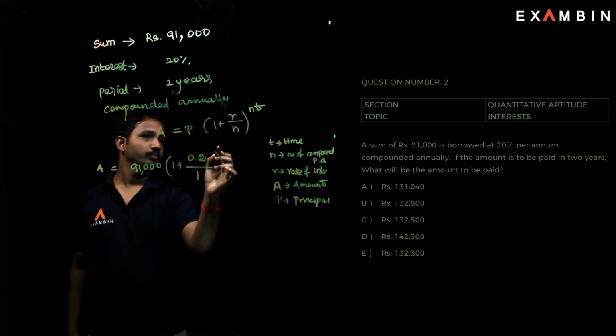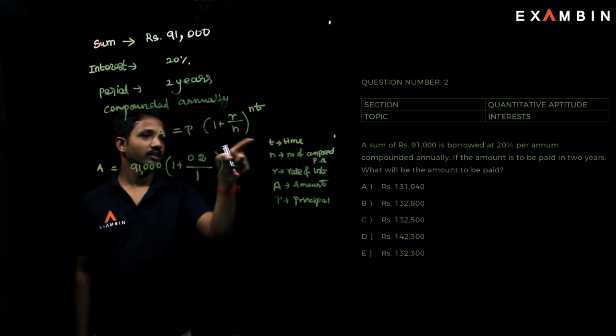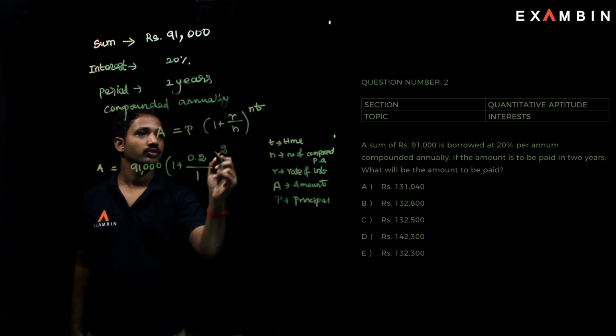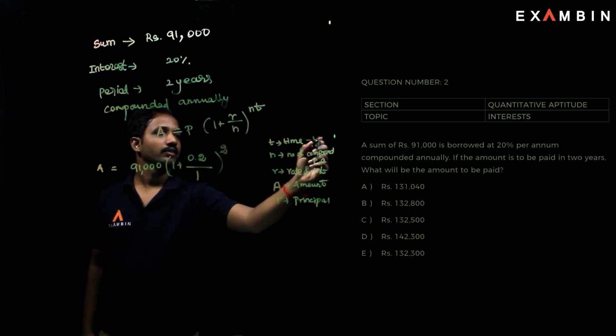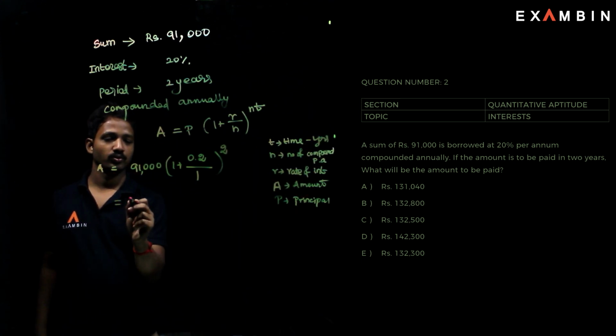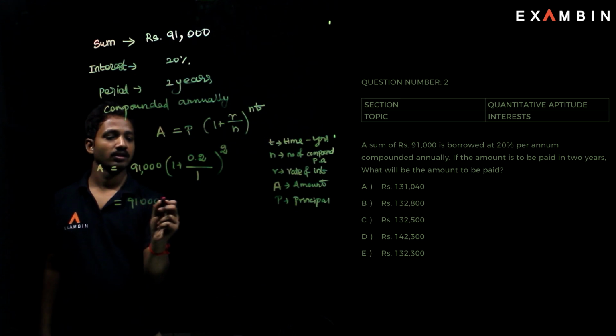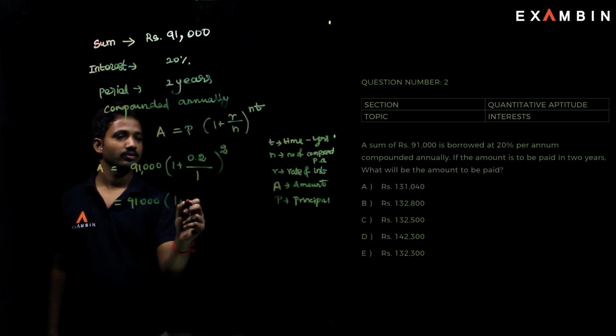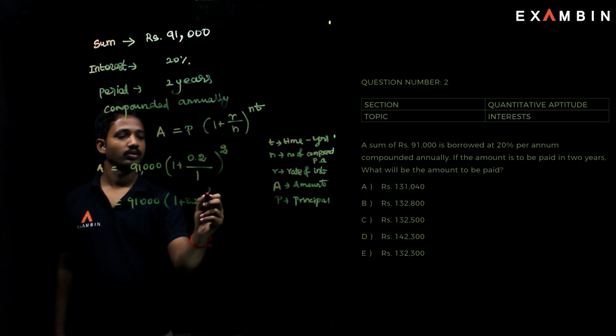So number of compounds per annum is 1 again, and time T is 2 years. So 91,000 into (1 plus 0.2) the whole power 2.